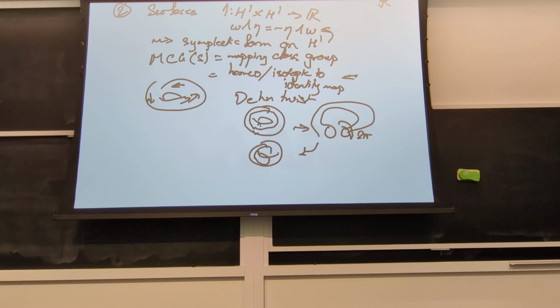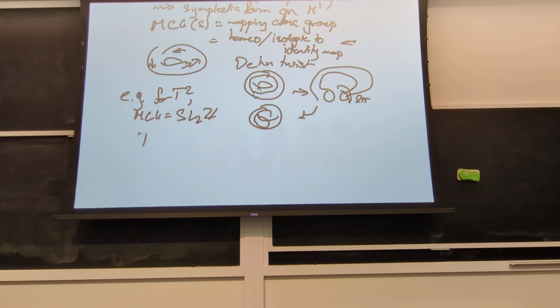Right, so I'll give you an example. For T2, the mapping class group is equal to SL2Z. You can see this because T2 is equal to R2 modulo a lattice, and SL2Z is the automorphisms of the lattice.